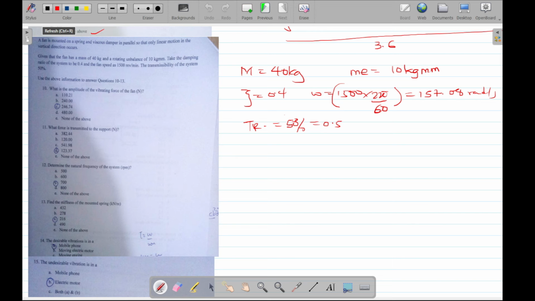So our vibration force F naught will be equal to m e omega squared.